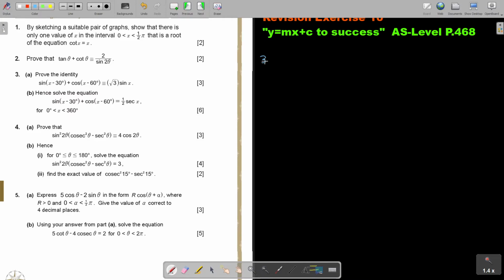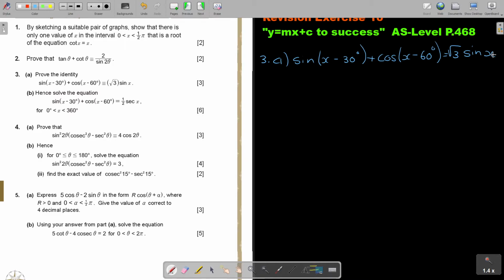Okay, number 3, A. It's again proof. Prove the identity: sin(x − 30°) + cos(x − 60°) is equal to √3 sin x.